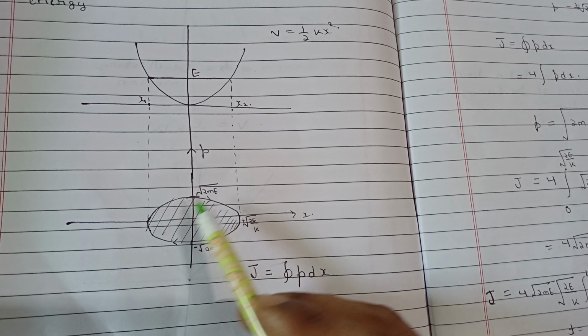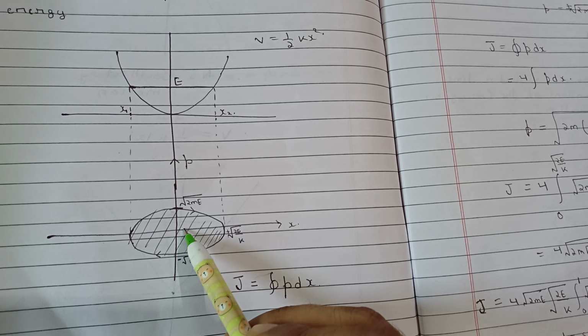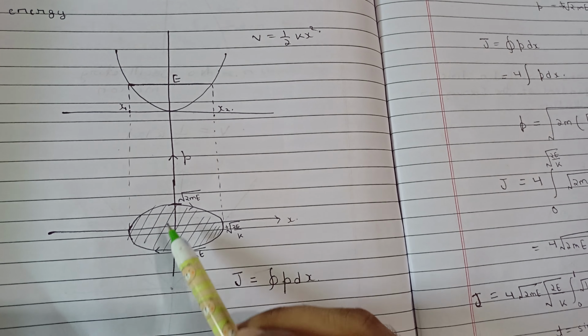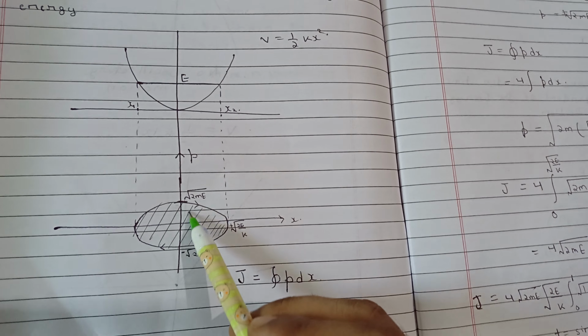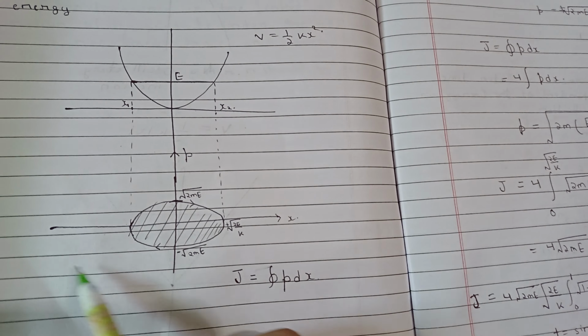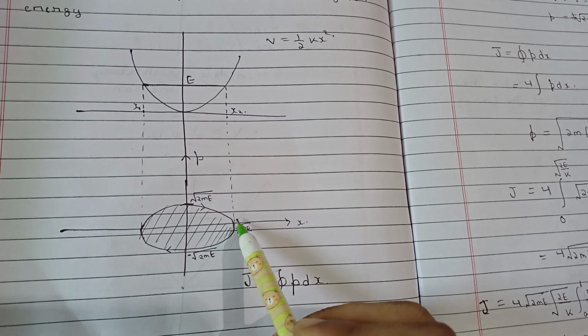It will be the integral of p dx: take a small dx, with p on the y-axis and x on the x-axis, and the integration gives the area. You can find the area of the first quadrant, then multiply by 4 to get the whole area. So this area is called the action angle variable.